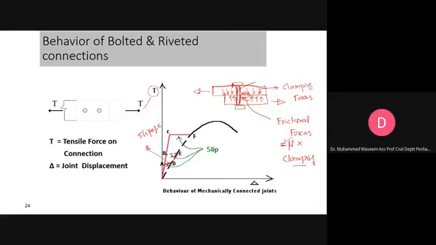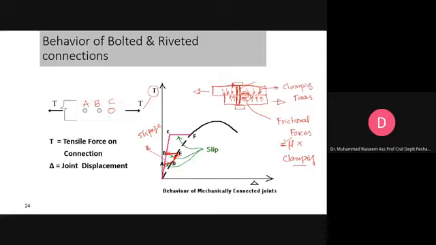Once it reaches here, let me draw it here. For example, this is bolt A, bolt B and bolt C. Once it reaches here, the forces along the second bolt or rivet, these friction forces again come into play, like this.